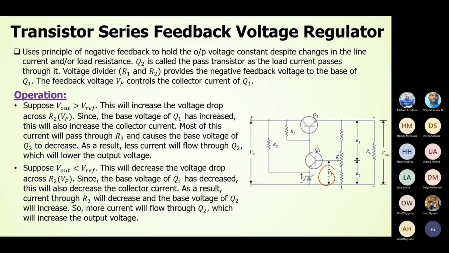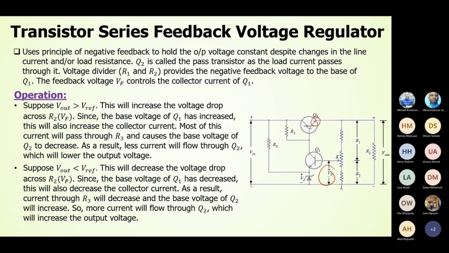This increased voltage means a higher voltage at the base of transistor Q1, and a higher base voltage means more current will flow through the collector of Q1. Since most of this current will flow through R3, a small amount of current will pass through Q2, which means my output voltage will be stabilized.